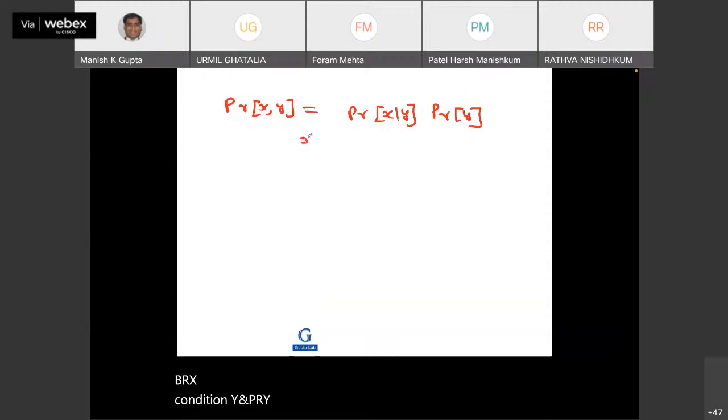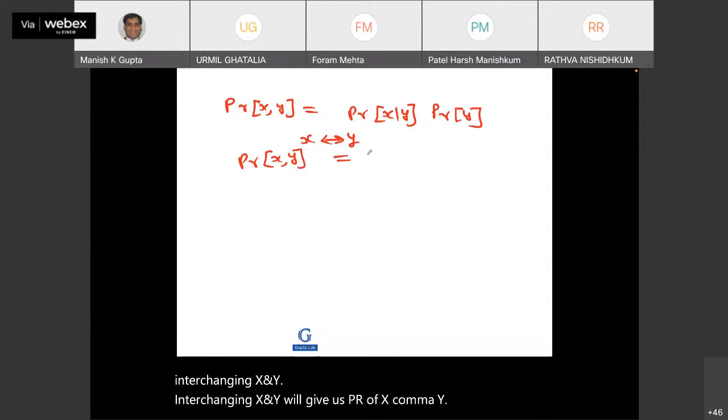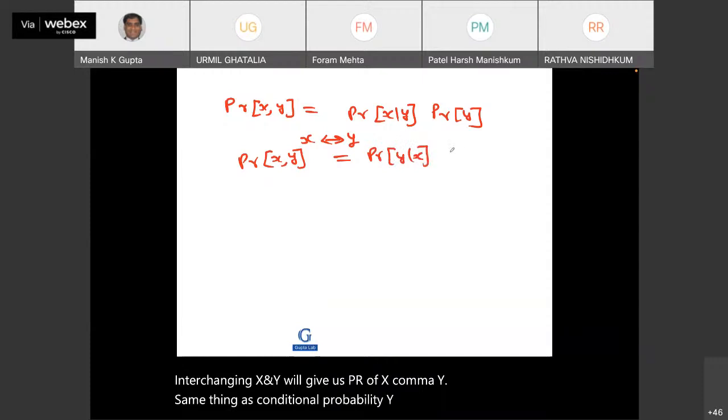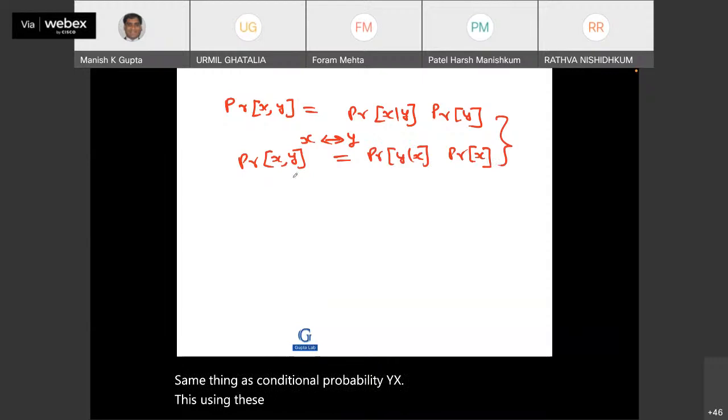Interchanging x and y will give us Pr(x, y), the joint probability, the same thing as the conditional probability Pr(y|x) times Pr(x). Using these two, we can simplify to get what is known as Bayes theorem.